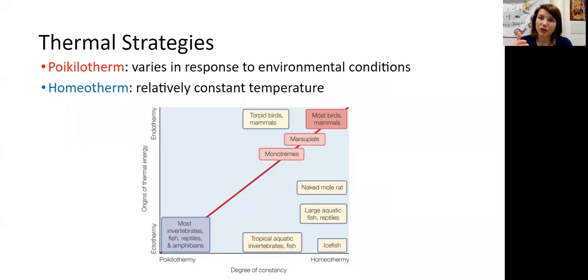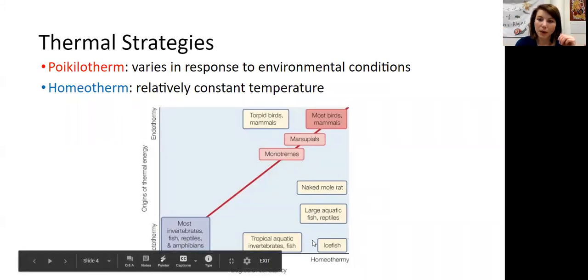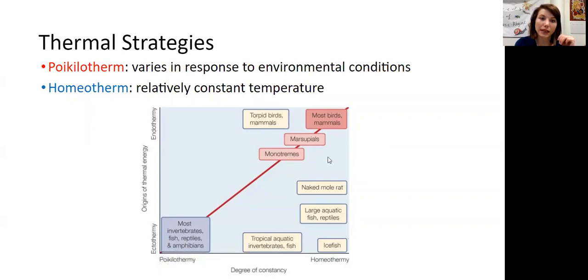So if you're an ectotherm, it's probably a better strategy to be open to a wide range of environmental variables. Then over on the homeothermy end, all of these groups tend towards endothermy. So these are ones that are going to regulate their own body temperature using metabolic processes.